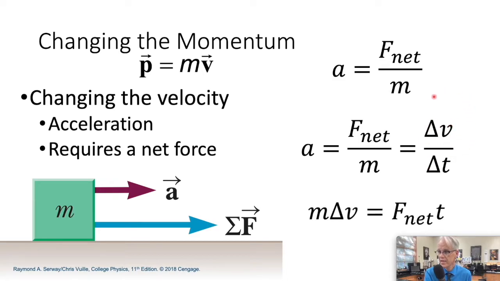If we take this part of the equation, delta V over t, and this part, the net force divided by the mass, multiply both sides by time, multiply both sides by mass, we wind up with this equation here. The mass times the change in velocity equals the force times the time.